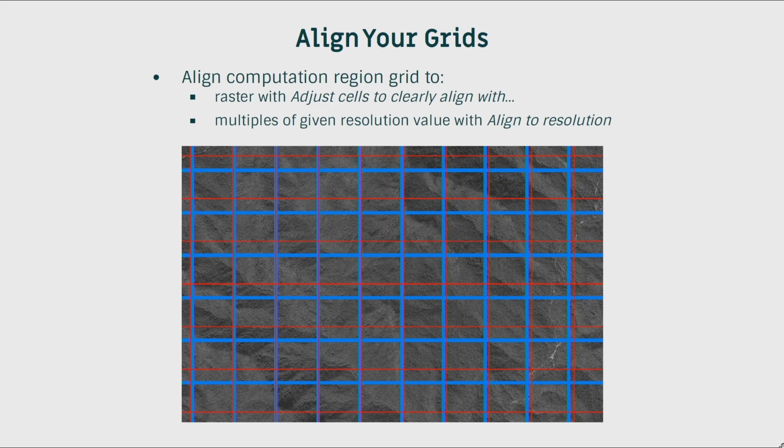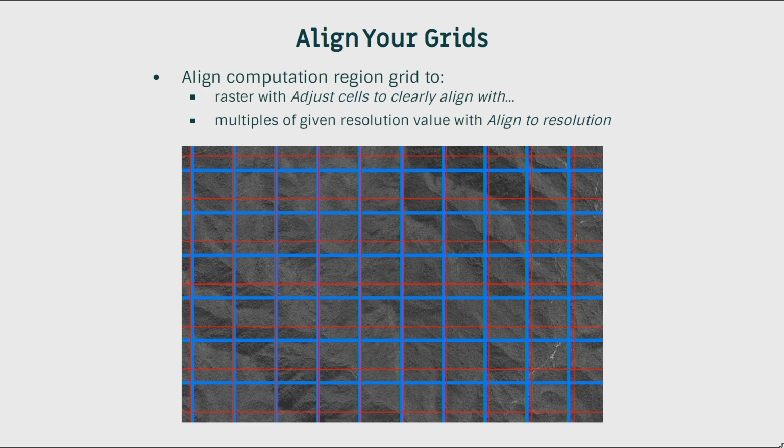Next tip, align your grids. With computational region, one thing which is often really good to do is to align the grid to something you want to work with, like another raster. So you see that these two grids are kind of misaligned, but there is a way how to align a grid of computational region to a specific raster.